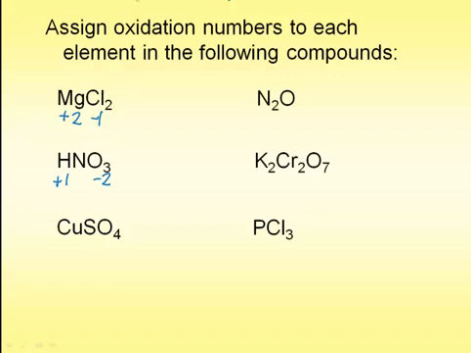This is a neutral compound, so the oxidation numbers should add up to 0. So if we have one hydrogen at a +1, we have 3 oxygens that are -2 each, so that's a total of -6. +1, something from the nitrogen, and -6 should add up to 0. Doing that simple math, we found that the oxidation number of nitrogen here is +5.